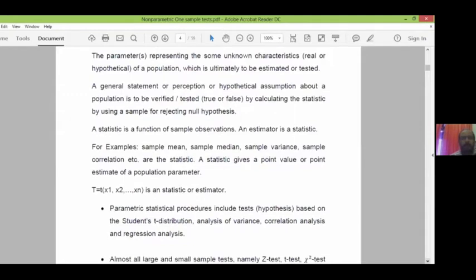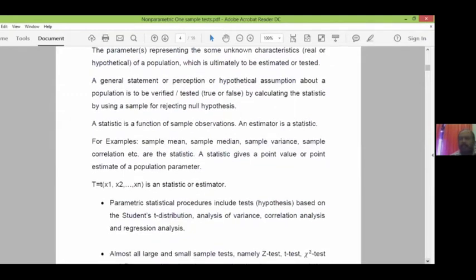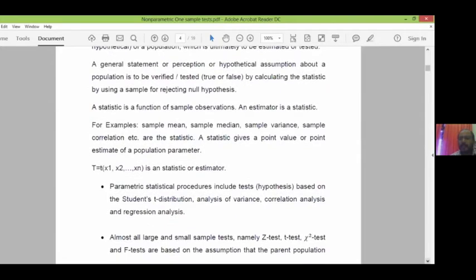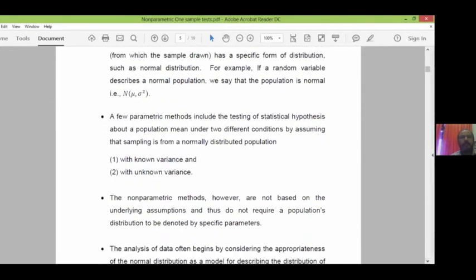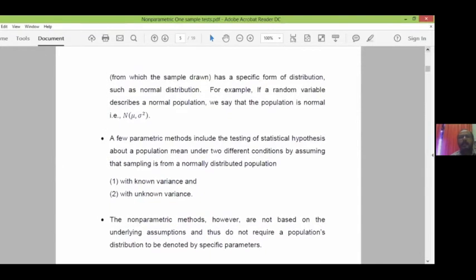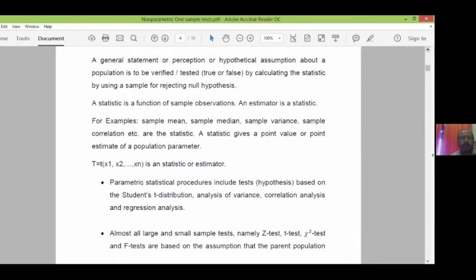So parametric statistical procedures include tests of hypothesis based on the student's t distribution, analysis of variance, correlation analysis, and regression analysis.